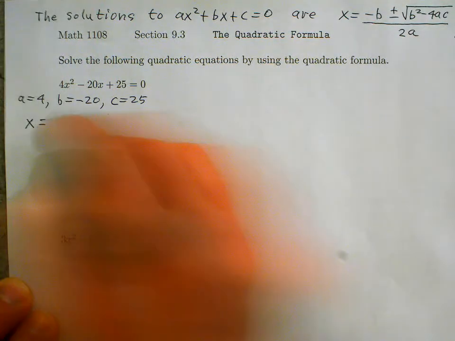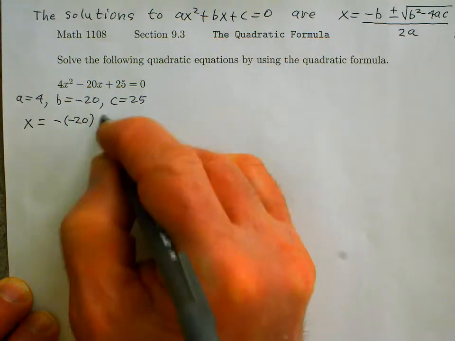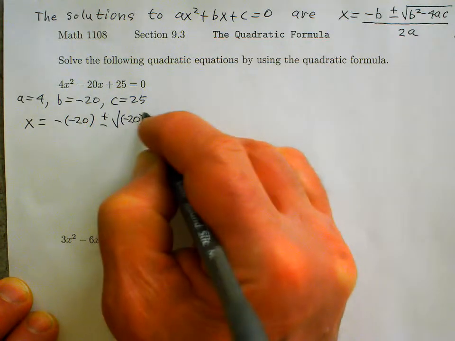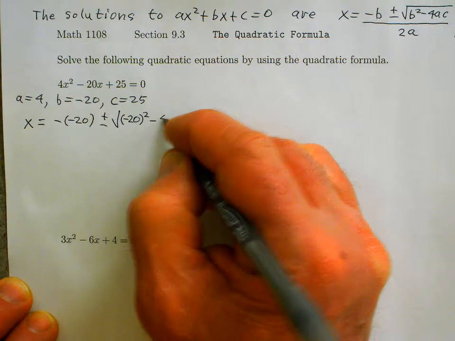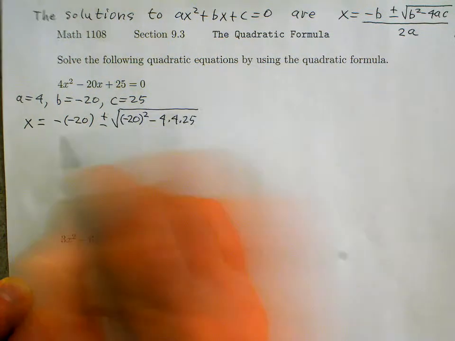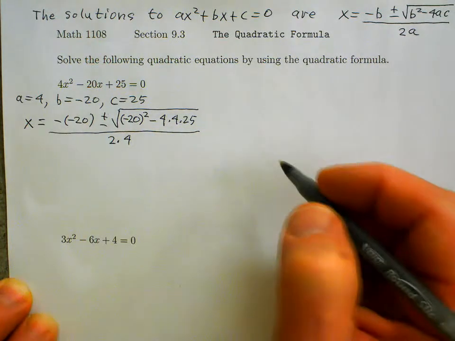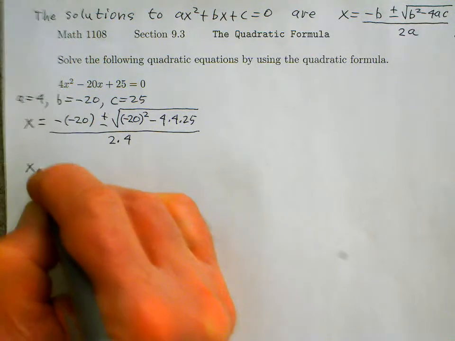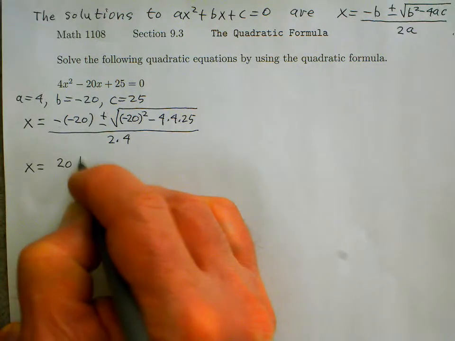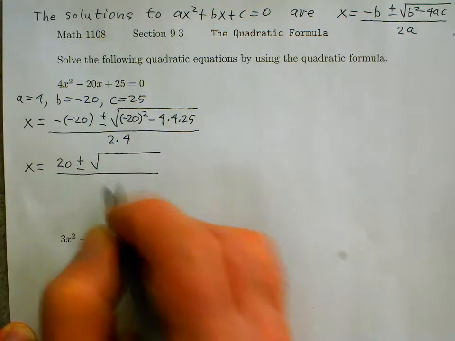So x equals the negative of -20, that's the negative b part, plus and minus the square root of the number -20 squared minus 4 times 4 times 25, all divided by 2 times 4. Okay, then we do the arithmetic. The negative of -20 is +20, plus and minus the square root of a number, all divided by 8.